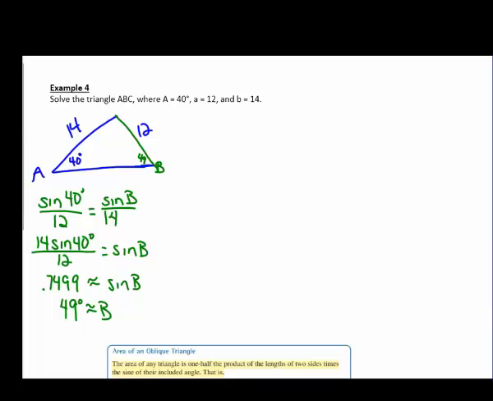But let's take a look and see if there is another triangle that exists. What we can do is try swinging that side over. And if we do that, then we've now created an isosceles triangle where two of the sides are 12, which means that this angle here is going to be 49 degrees.